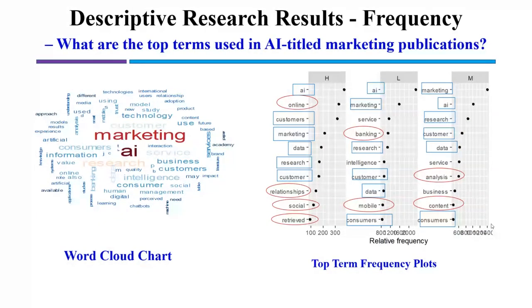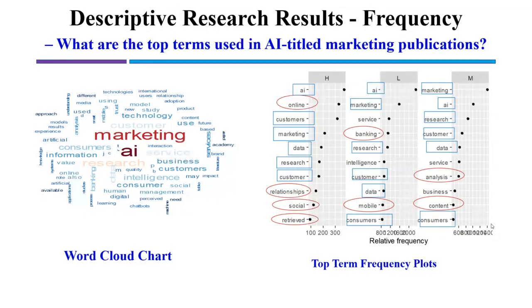So sometimes you never know whether this makes sense or not. For me, I don't feel these top term frequencies really can explain the levels of the publication journal.